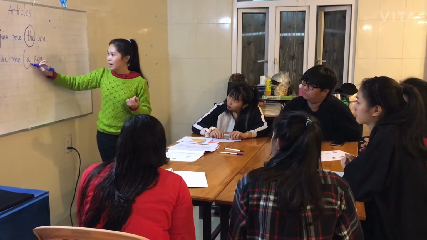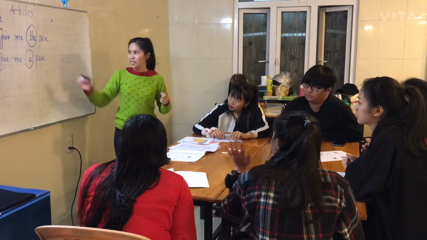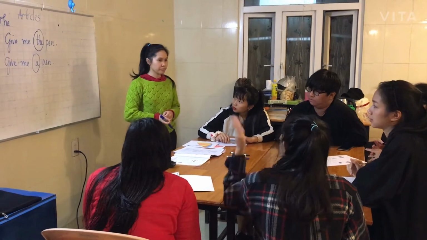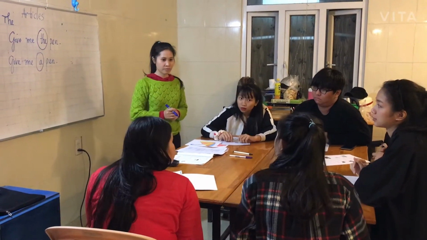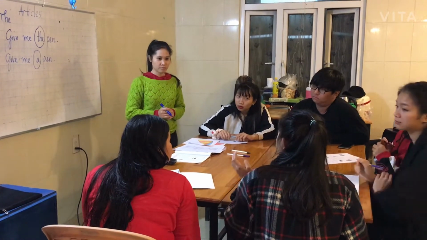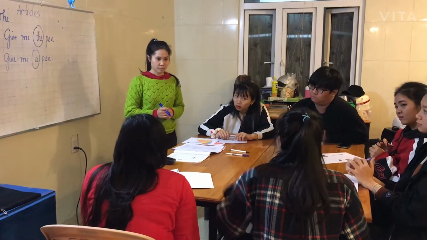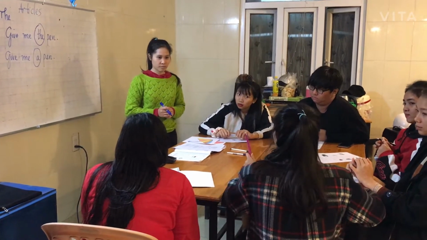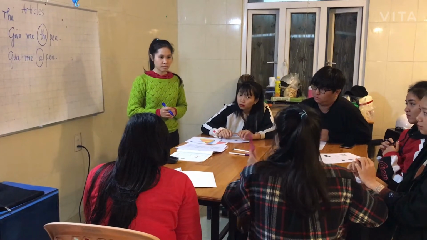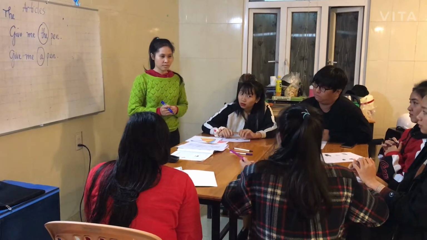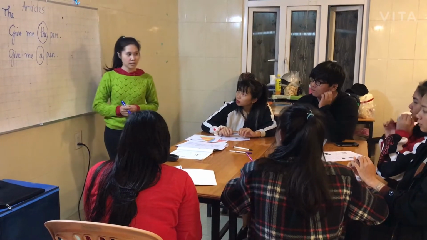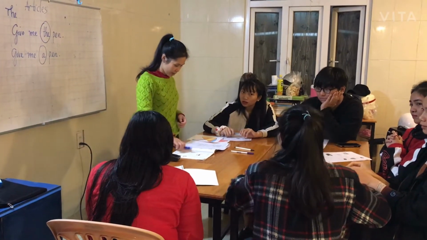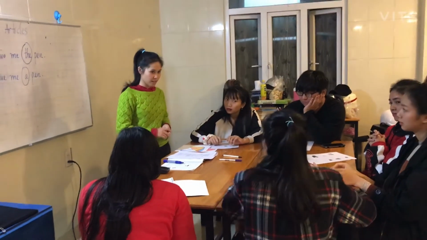Tell me, how do you understand if I say, give me the pen, and also give me a pen. I think when you say give me the pen, all the people in here know exactly which pen it is. And if I say, give me a pen, we don't know, there are a lot of pens on the table, so I don't need exactly the pen.